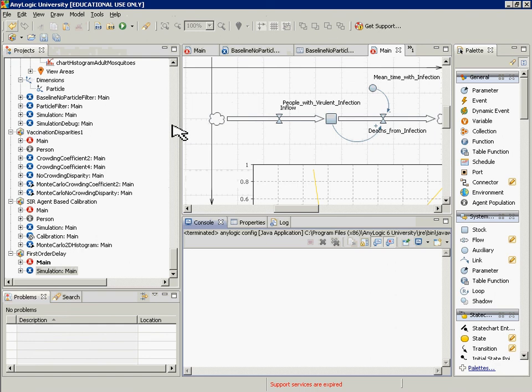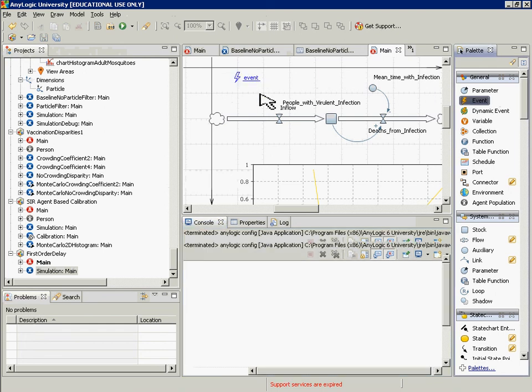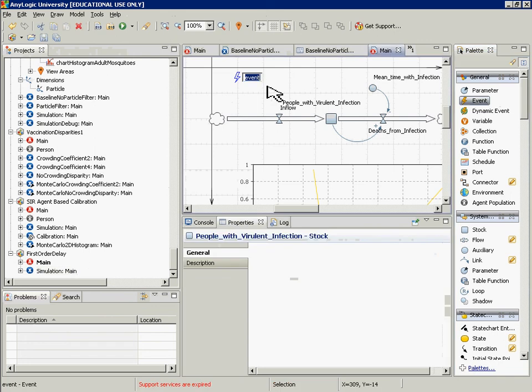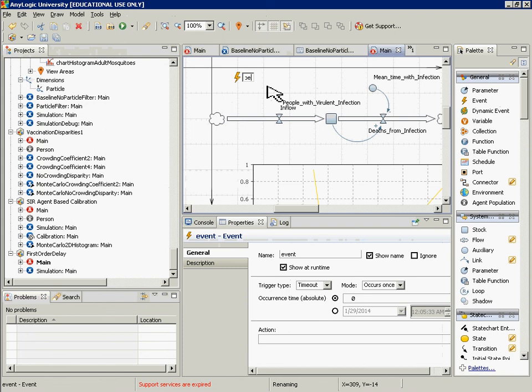We'll try to make this a little less foreign sounding. I dragged it in from this general panel. I'm going to have this event go off not just once, but cyclically with a certain timeout, maybe every 20 time units.